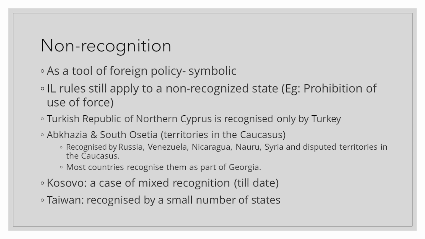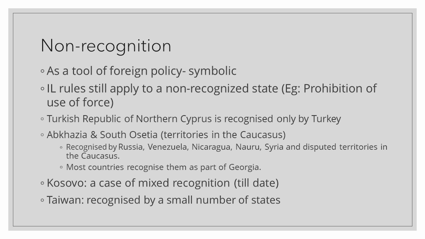So, for example, if we talk about prohibition of use of force, which is a very significant principle of international law embodied under Article 2, Clause 4 of the Charter of the United Nations. It says that states shall refrain from using force or threat to use force against each other.